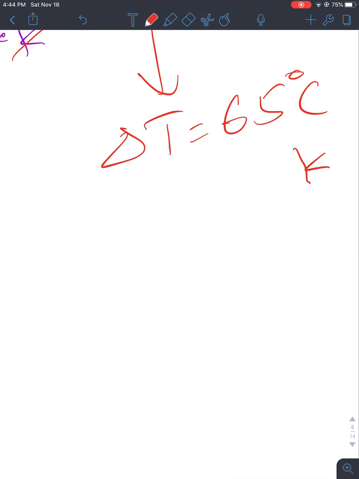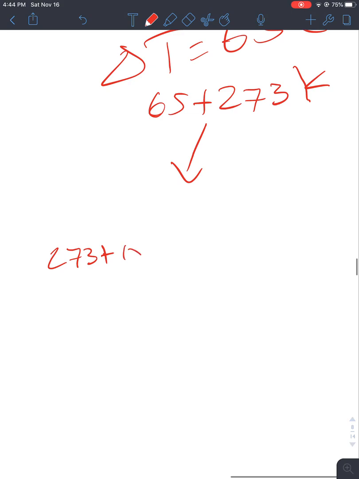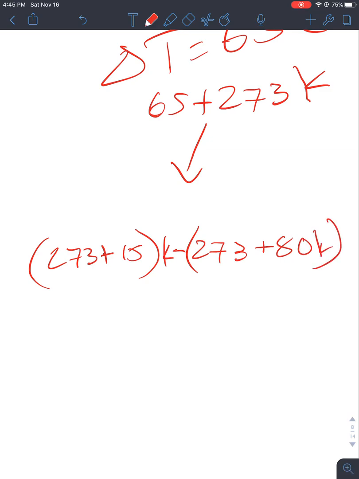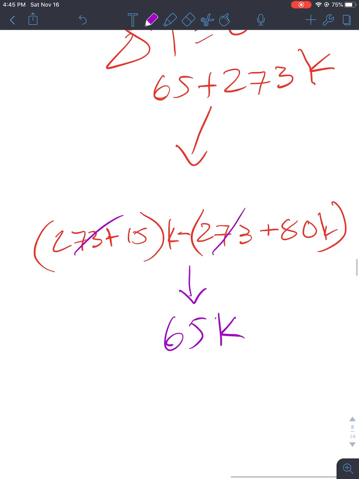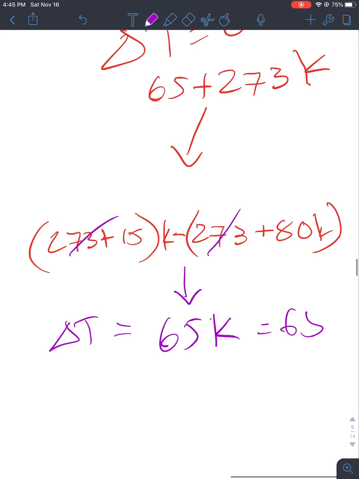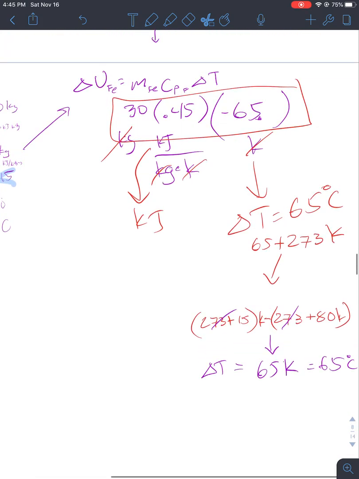Whatever the number of Kelvin is, which is 65 plus 273, is it? So delta T equals 273 plus 15 Kelvin minus 273 plus 80 Kelvin. These things cancel, and the number of Kelvin is 65 Kelvin, which is the same as 65 Celsius. All right, that's enough of that. Oh, great.